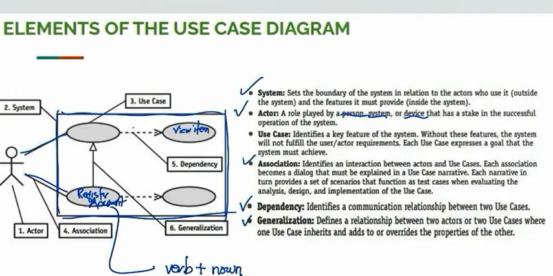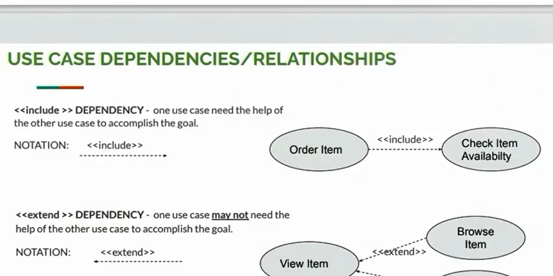Now, when you say generalization, this defines a relationship between two actors or two use cases, where one use case inherits and adds to or overrides the properties of the other. The next is the use case dependencies or relationships. If you are just simply designing a business use case, there is no need for you to specify the relationship between two use cases.